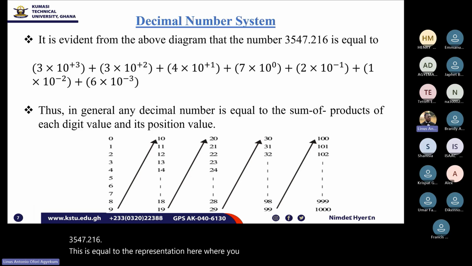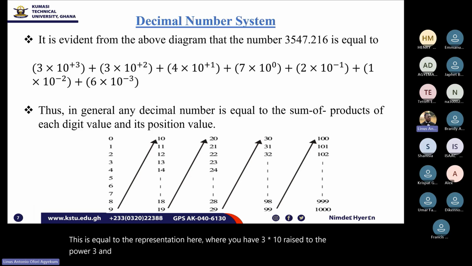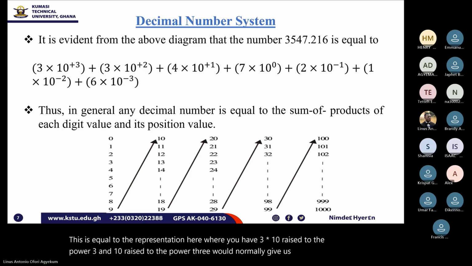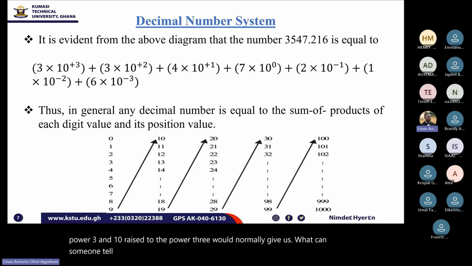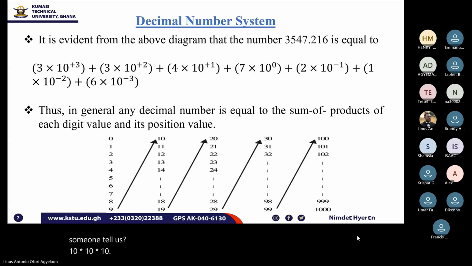And 10 raised to the power 3 would normally give us what? Can someone tell us? 10 times 10 times 10. What would that be? 1,000. So that would be 1,000.